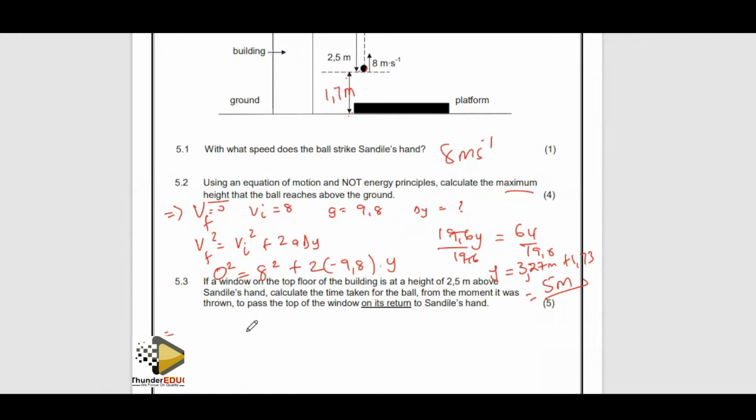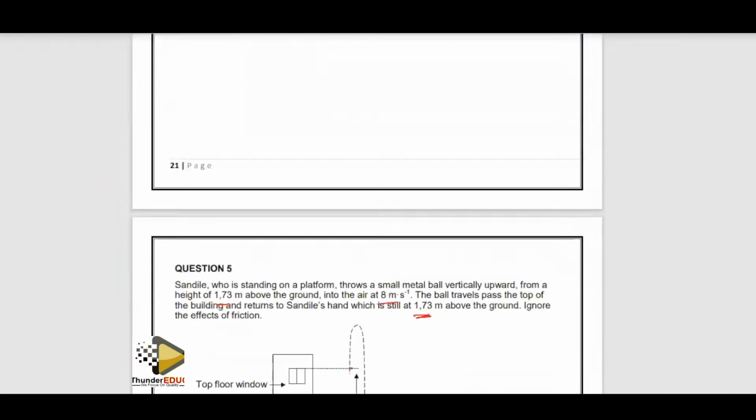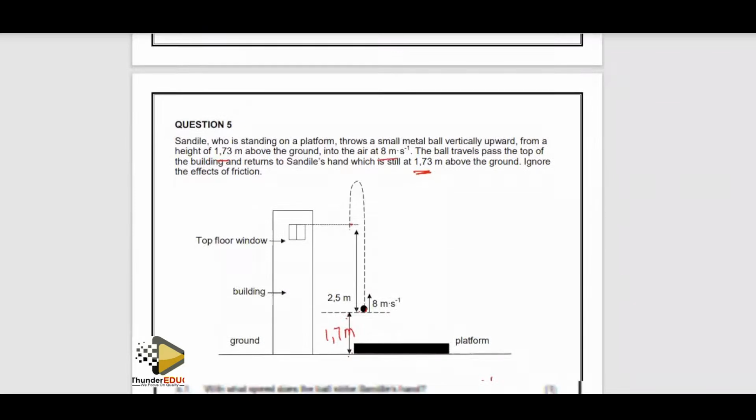We need to get the final velocity first of all, because in this case we're not focusing on the maximum height. We just want the velocity after the 2.5 meters of distance traveled by the ball. So that's going to be 8 squared plus 2 times negative 9.8 times the 2.5, because that is the distance from Sandile's hand to the window.